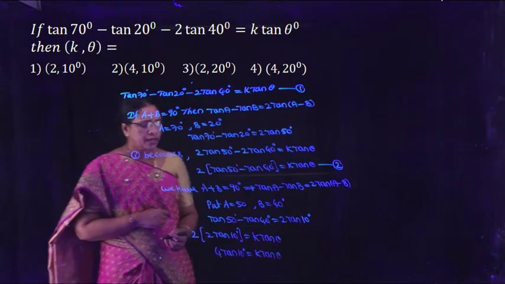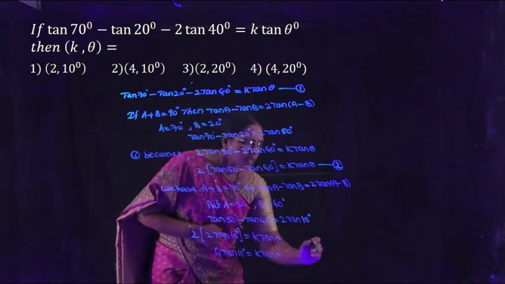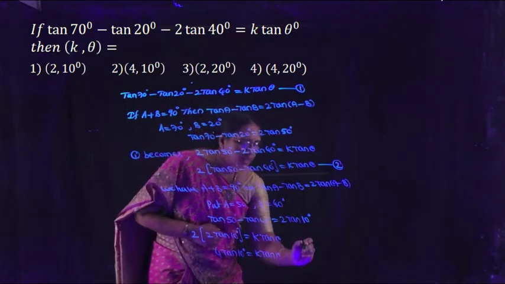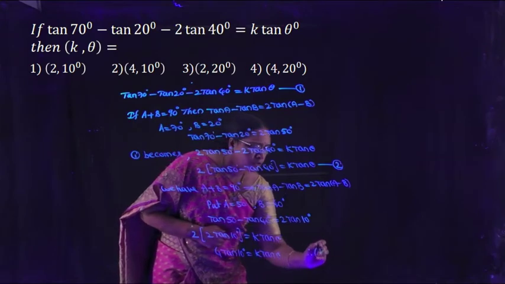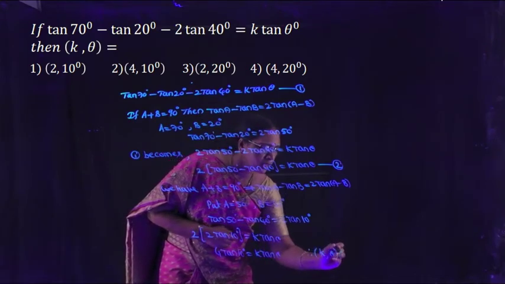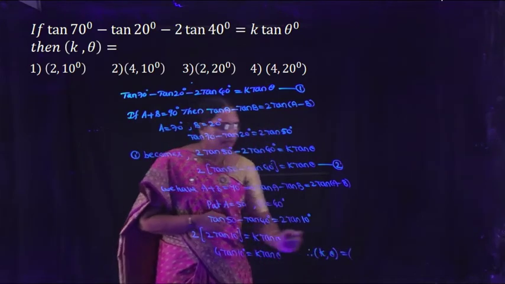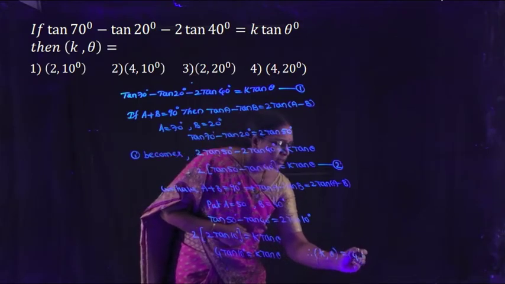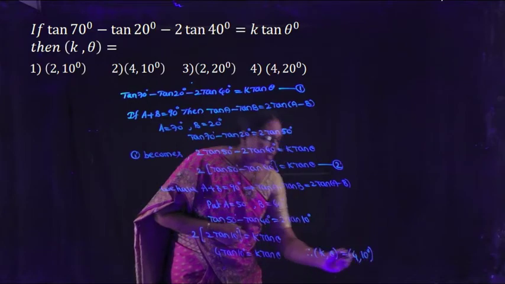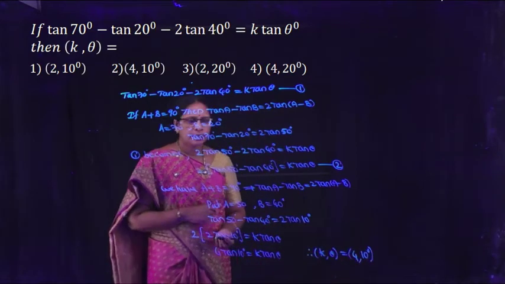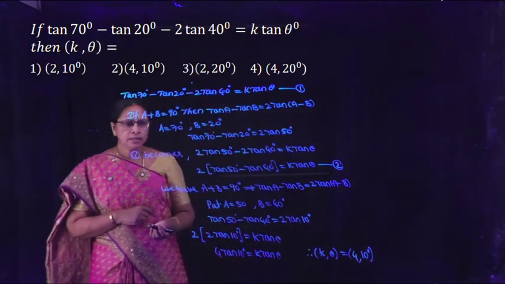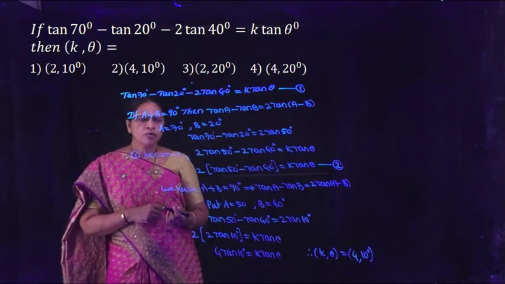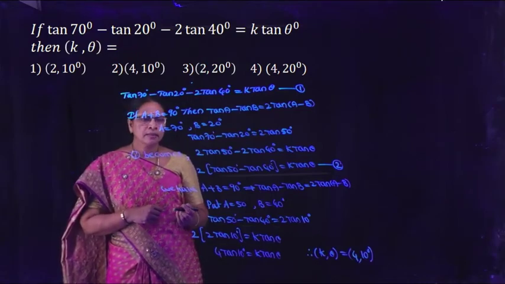By equating, we get k is equal to 4, theta equal to 10, therefore k comma theta is 4 comma 10. Here the second option 4 comma 10 is the correct answer.